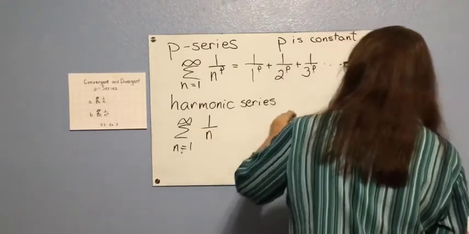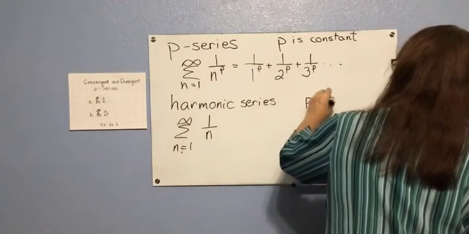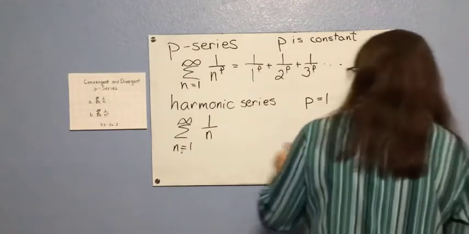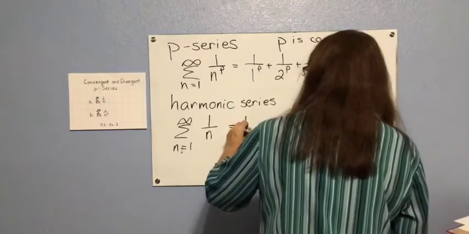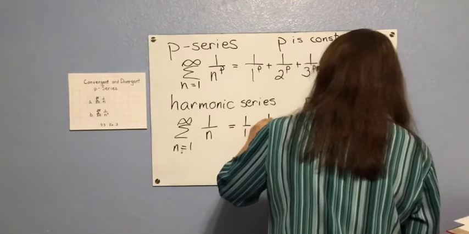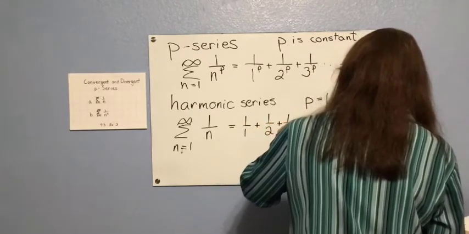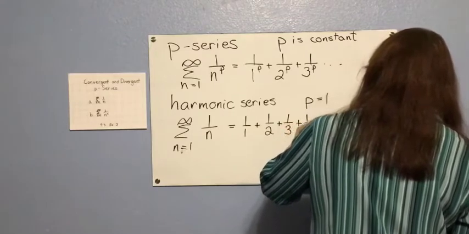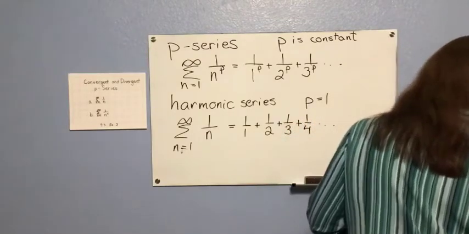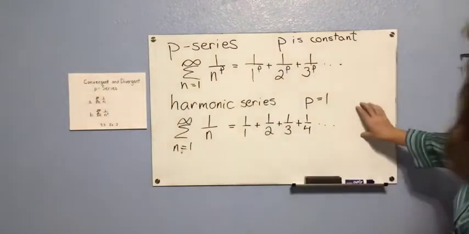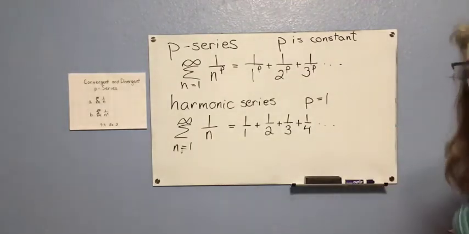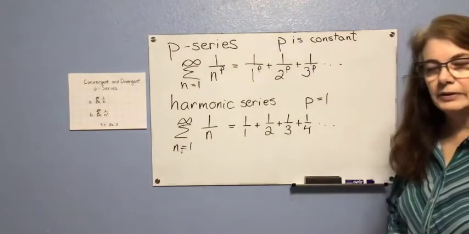So in this case, p equals 1. And this is 1 over 1 plus 1 over 2 plus 1 over 3, and so on. Okay? And the harmonic series has important applications in the field of music.